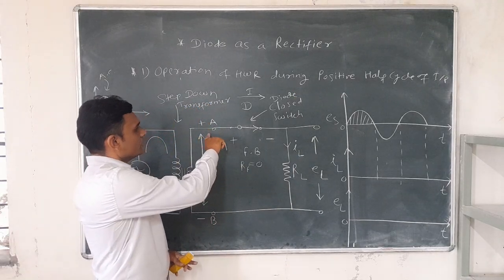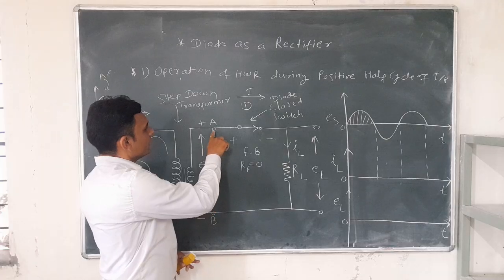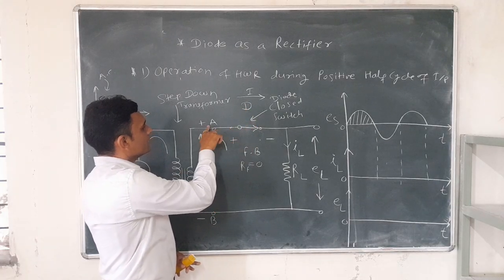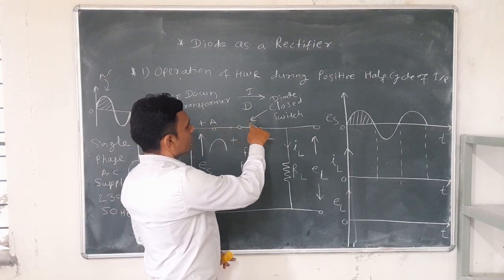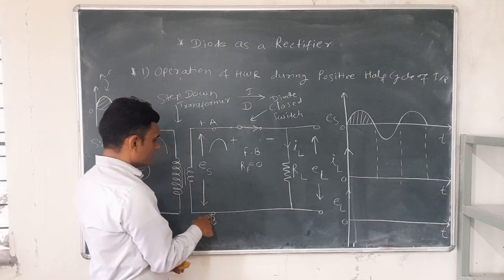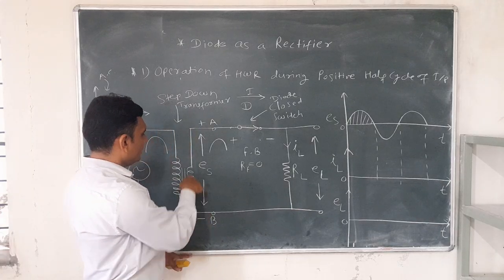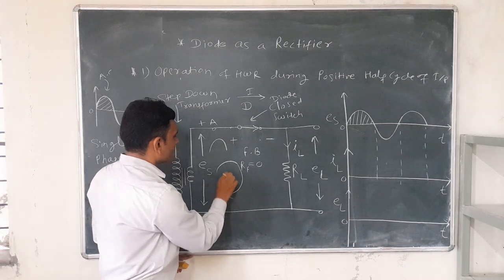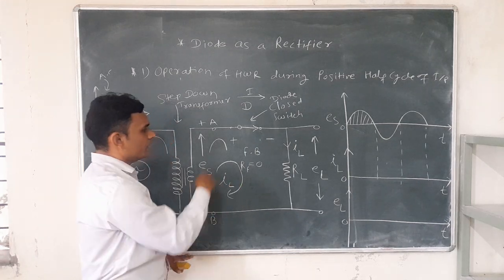So in the positive half cycle, the diode is replaced by a closed switch, then current starts from this point A, that is the positive point. That current goes through this diode, then through the load resistance, then reaches point B and through the winding. So the loop is completed by the current. That load current completes the loop.